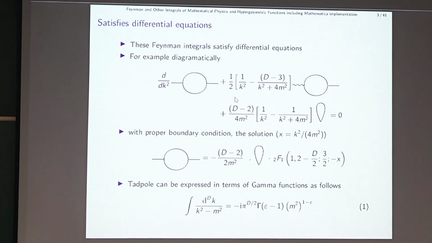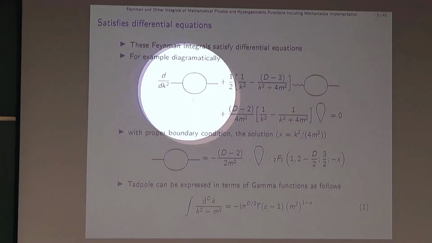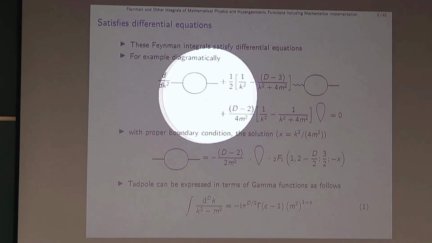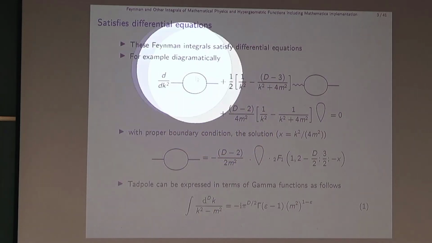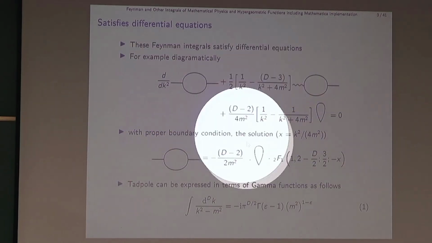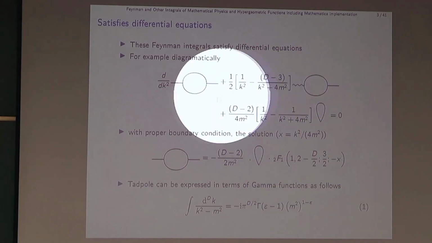When you actually evaluate these diagrams with these specific rules that I just mentioned, they also satisfy, interestingly enough, differential equations in the various variables associated with this particular diagram. For instance, here is this bubble diagram that we had over here. If k is the external momentum, then it satisfies pictorially such a differential equation.